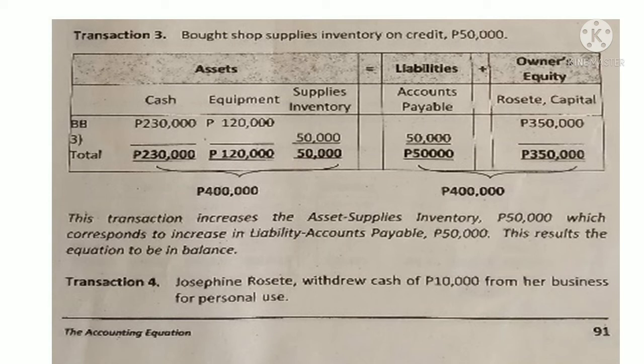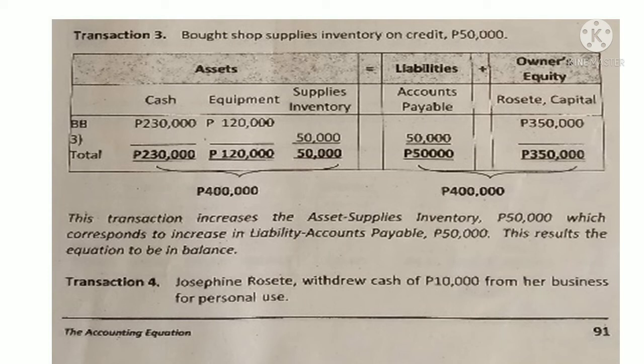So how about the credit side? So ang liabilities plus owner's equity. So syempre, no, sa iyang transaction 3, nangutang sila, so naay accounts payable of 50,000 pesos. Then owner's equity still the same, 350,000, so total of 400,000 pesos.